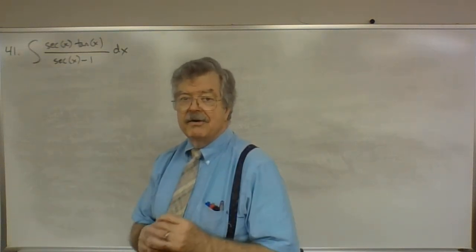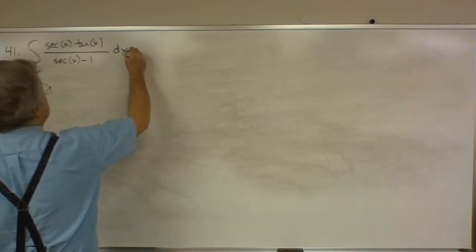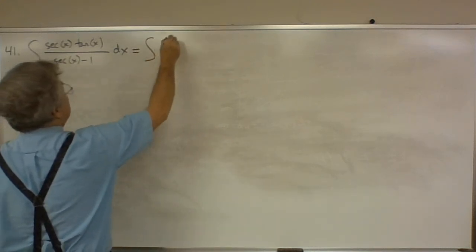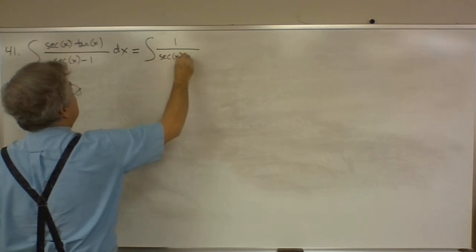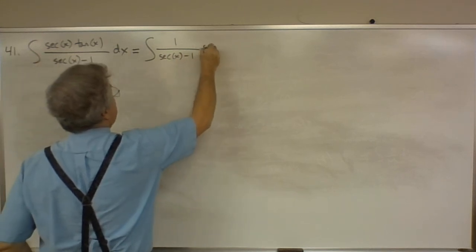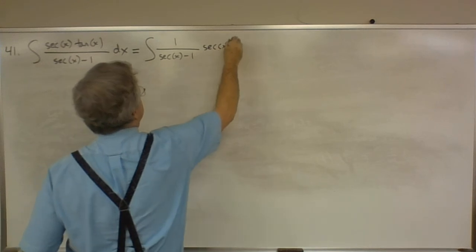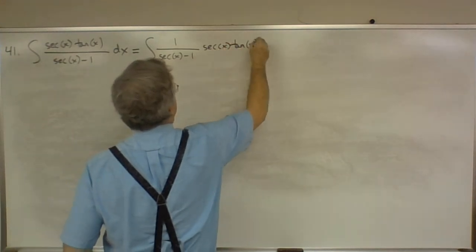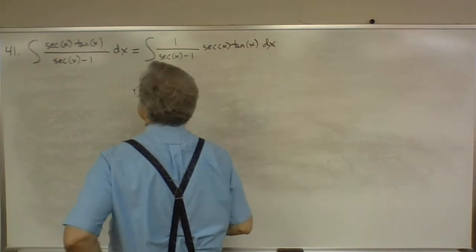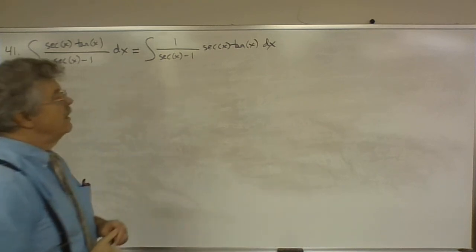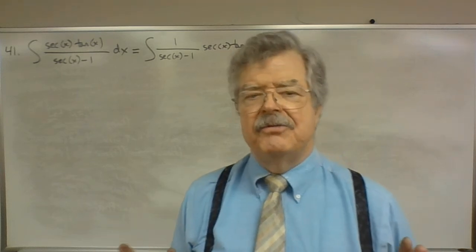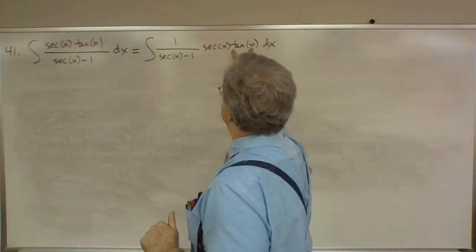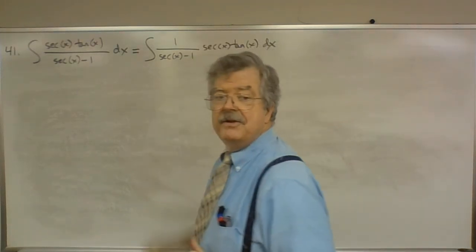And we know how to integrate that. So I'll rewrite it so that I have 1 over the function, and then after that, I have the derivative of the function. And this is going to be a snap. We've already made the crucial observation that this thing is the derivative of the denominator.